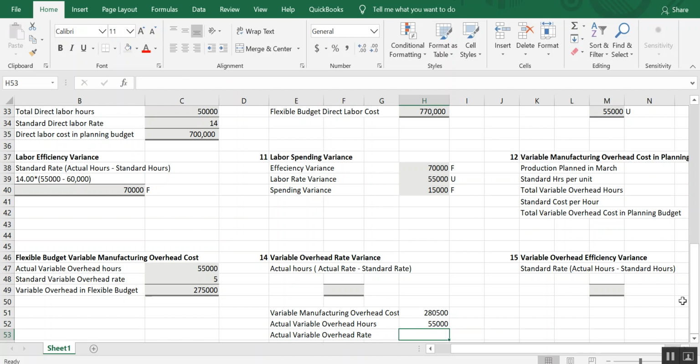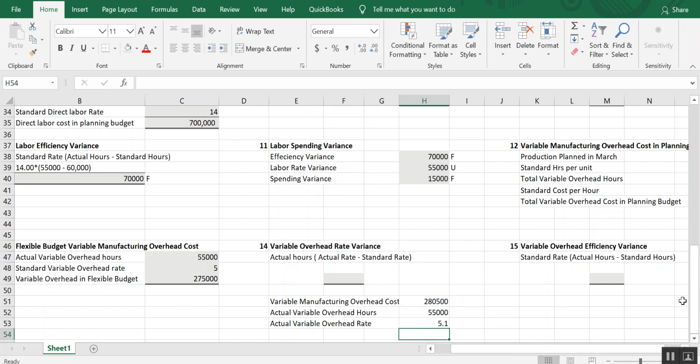This rate will be 280,500 divided by 55,000. We get $5.10 per hour. So that's the actual overhead rate right here. We need to calculate that before we can actually do this variable overhead rate variance. So in this case, we have a $5.10 per hour rate for overhead, and we're going to use that in this calculation.